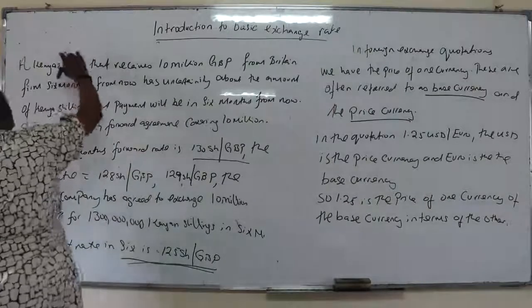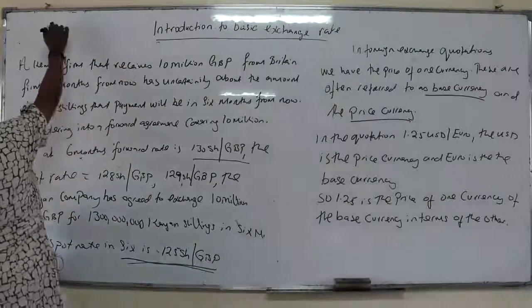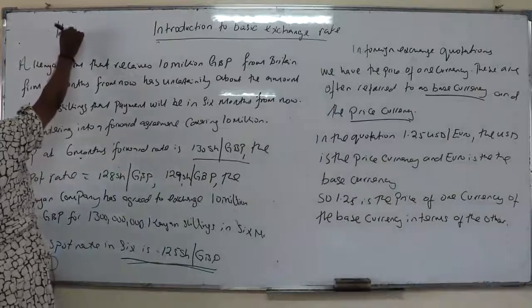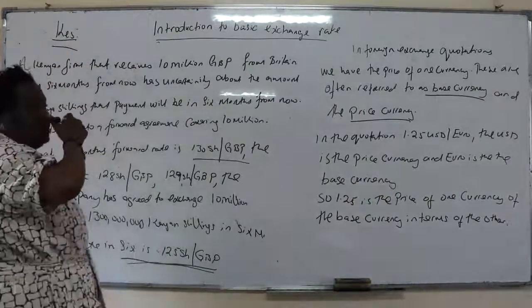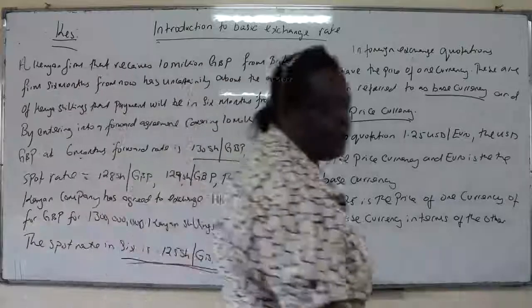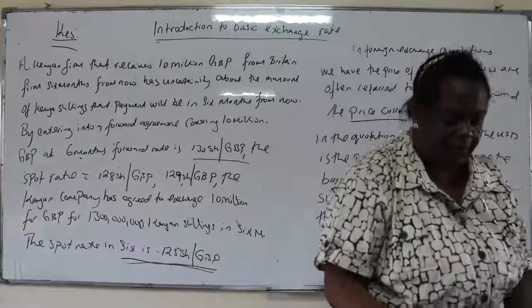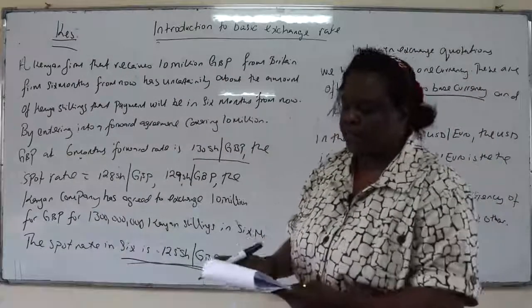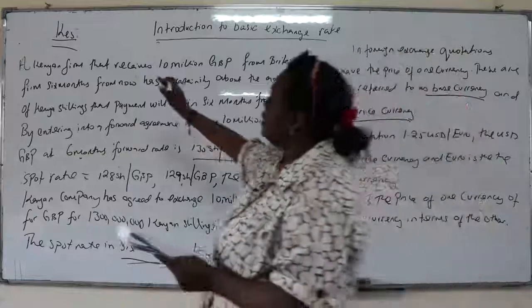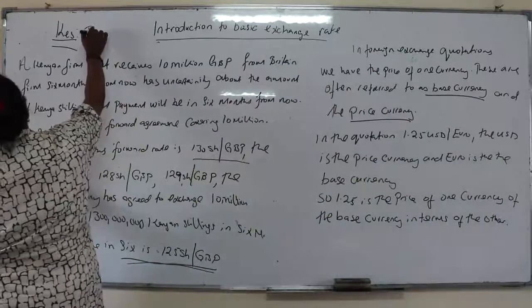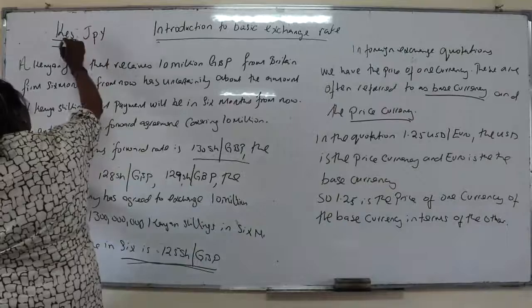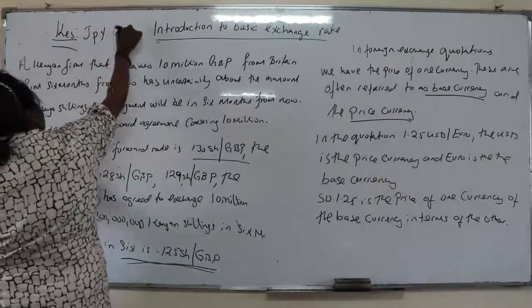Usually they have 3 letters. We have the Japanese yen, we have the Kenya shilling, we have the US dollars.